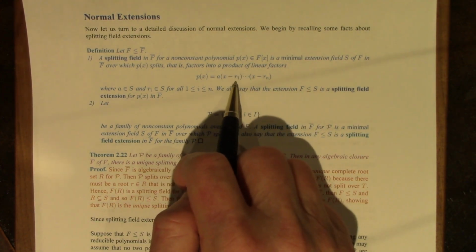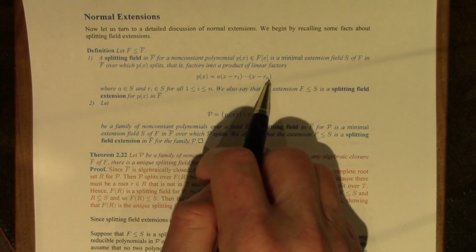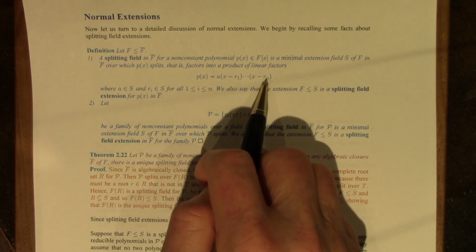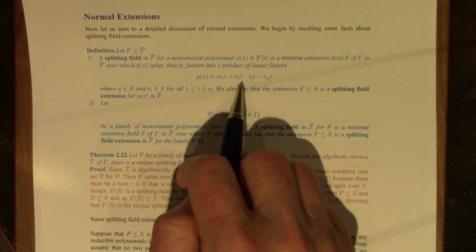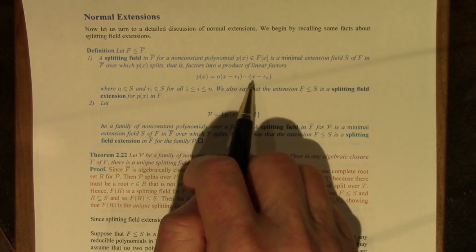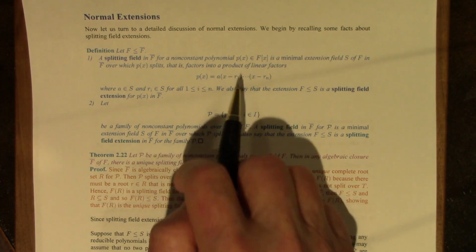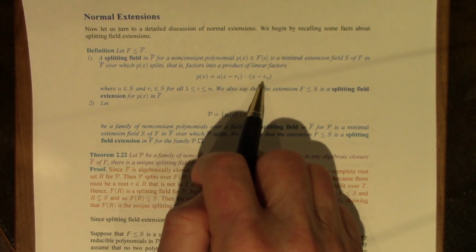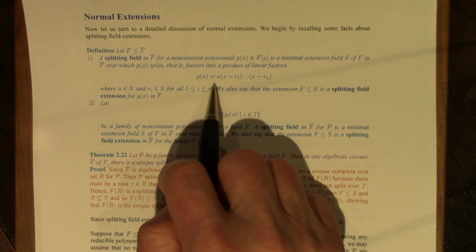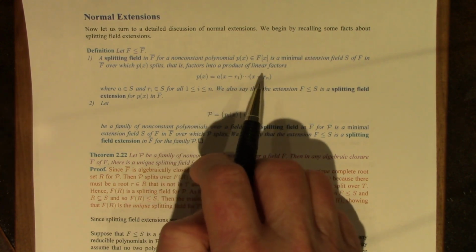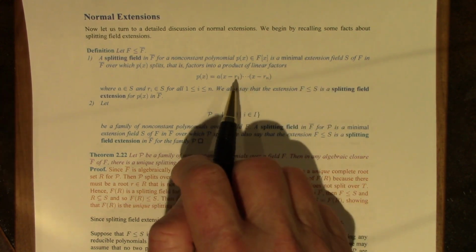The family, the multiset of elements r1 through rn, is a complete multiset of roots for this polynomial. There can be no other roots for this particular polynomial, not in F bar.